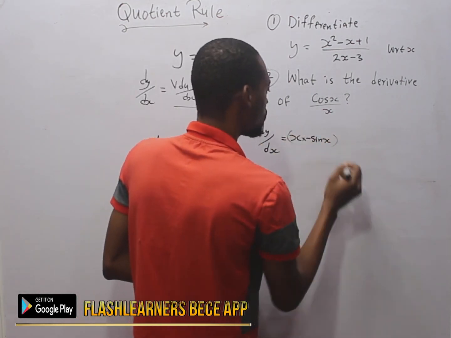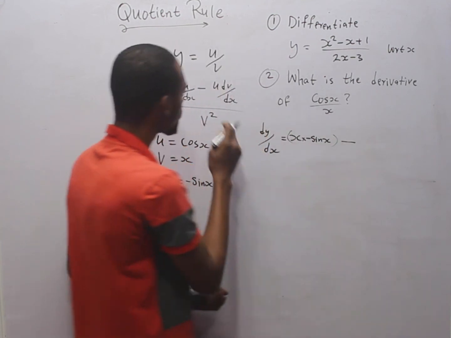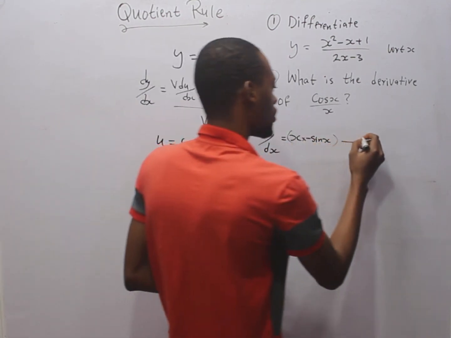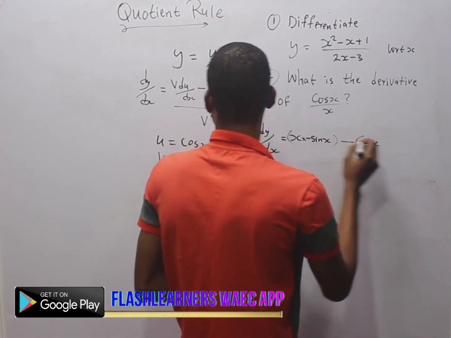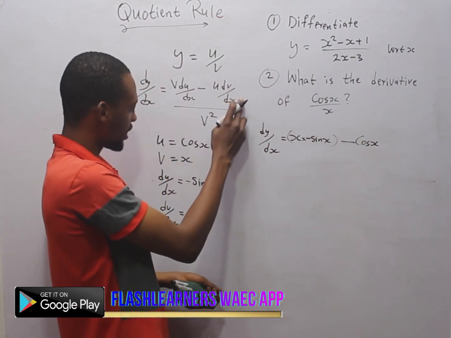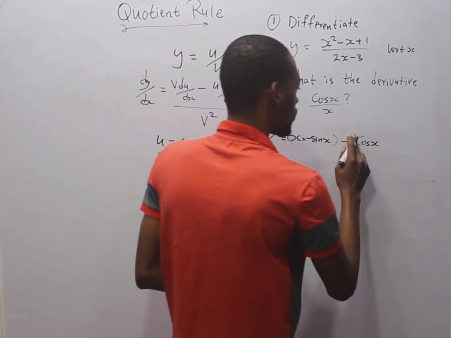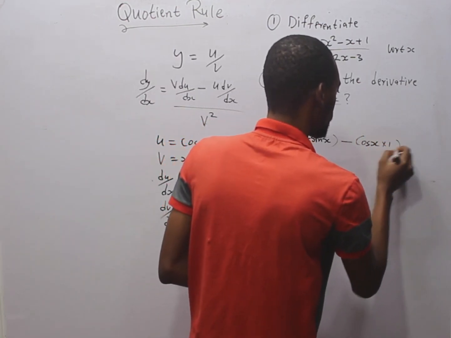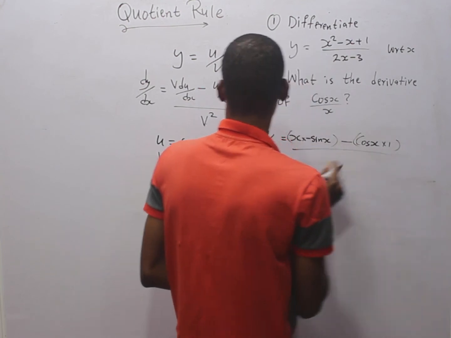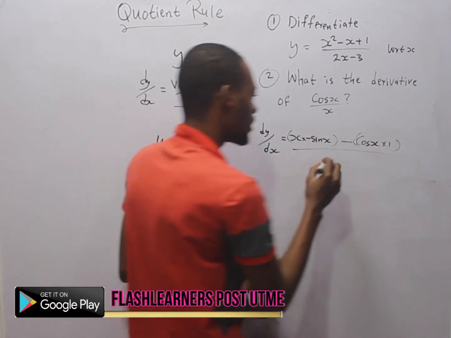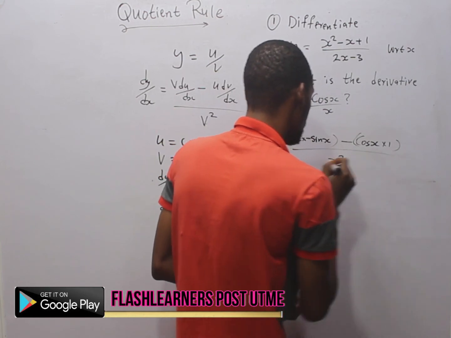Let's keep this way: minus u, which is cos s, times dv ds, which is 1, all over v squared, which is s squared.